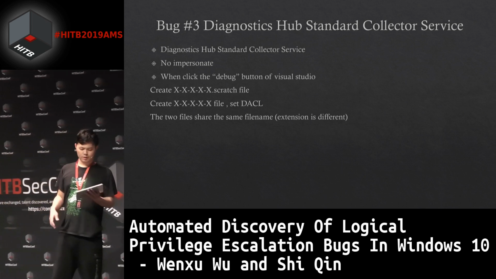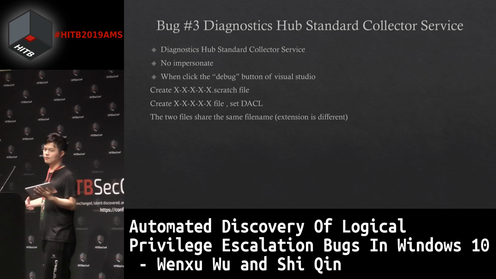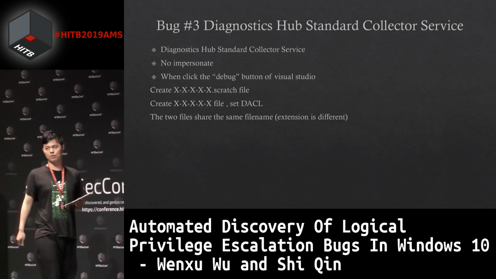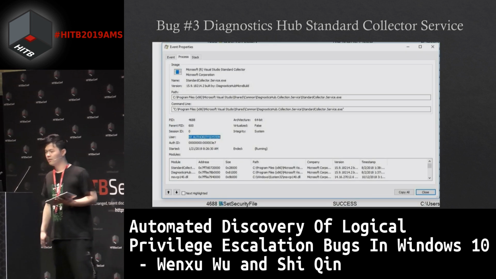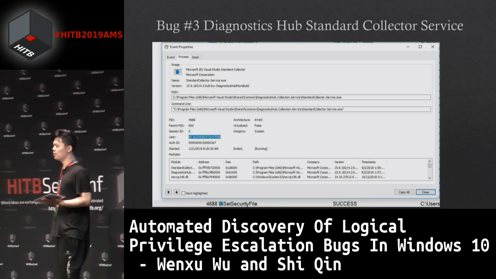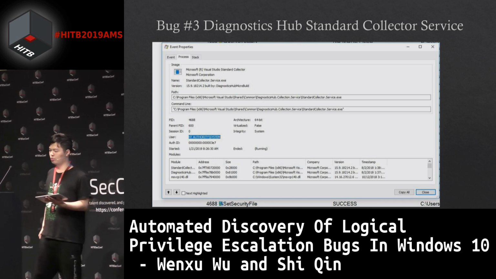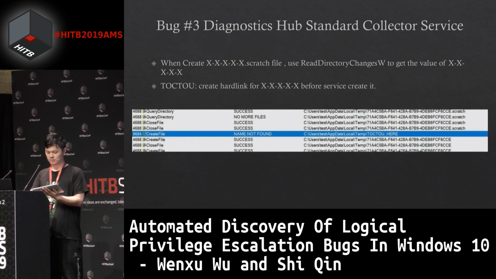And again, it creates a file with the same name, but the extension is different, and tries to set DACL and get full control of it. We could see it just does this operation without any impersonation, so it just uses system privilege to do those things.